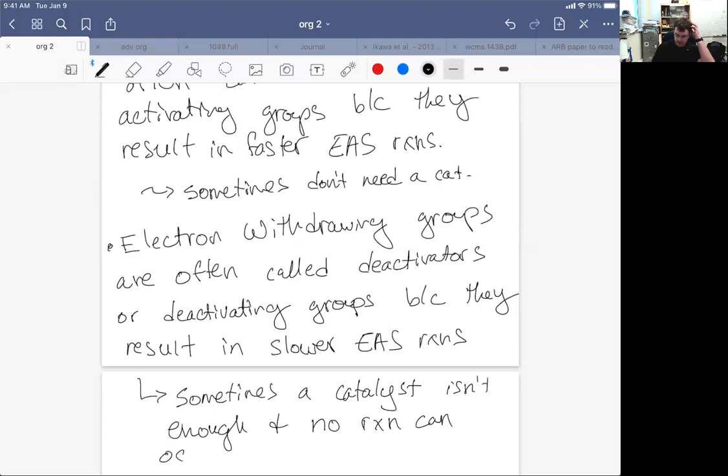These aren't great benzenes to do electrophilic aromatic substitution with. They're kind of fun because they give this meta selectivity, which we'll talk about next time. That makes them kind of fun. But in reality, if you go into the lab with your deactivated benzene and try an EAS reaction, many times you just won't see any reaction at all.